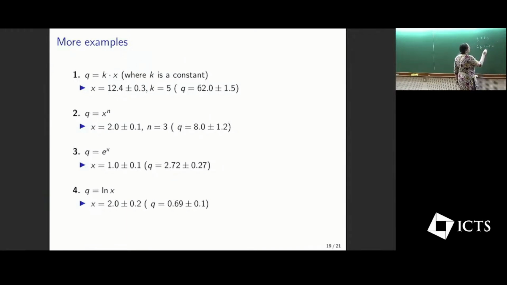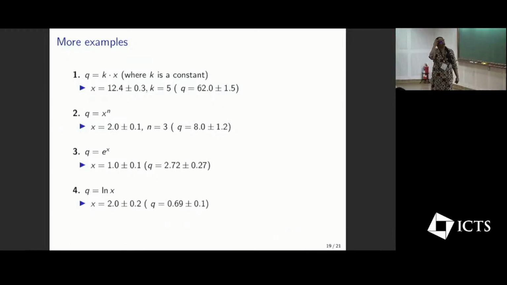The more customary way of writing this is to divide this equation by this, and what you get is that delta Q by Q, the fractional uncertainty, is equal to delta x by x. You see that the fractional uncertainties are equal to each other, right? You just want to see how the uncertainties are related to the mean values and the other uncertainties, with no constants in between.